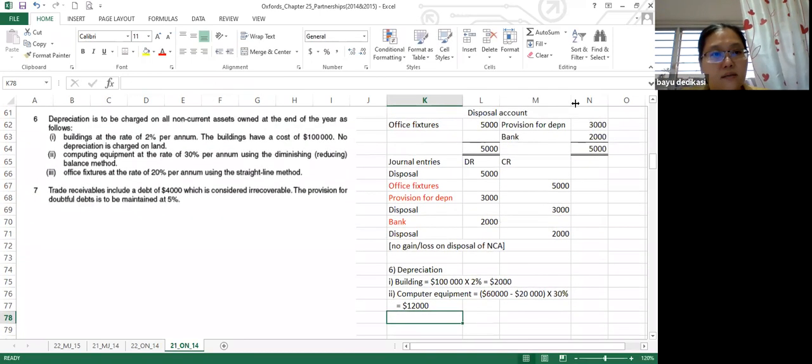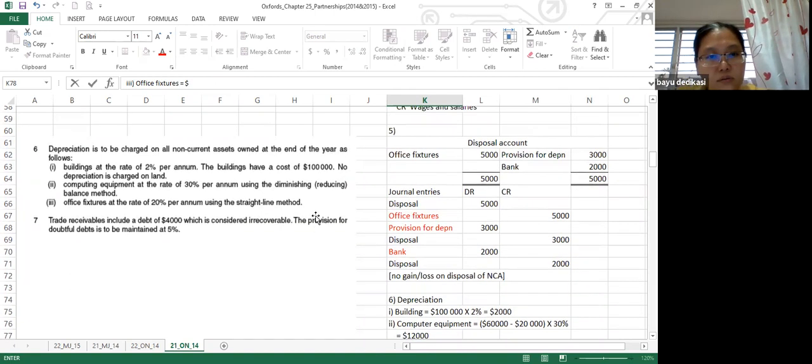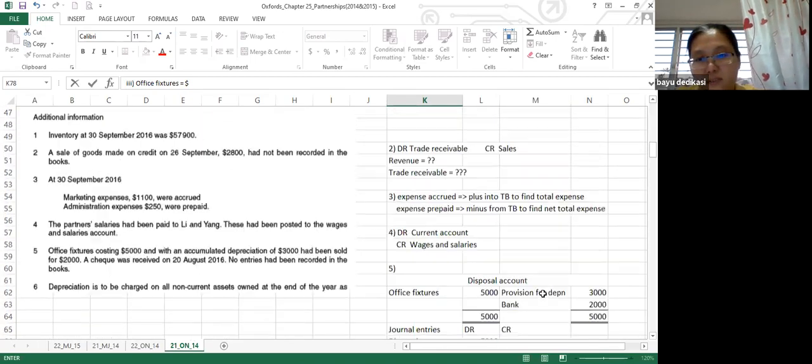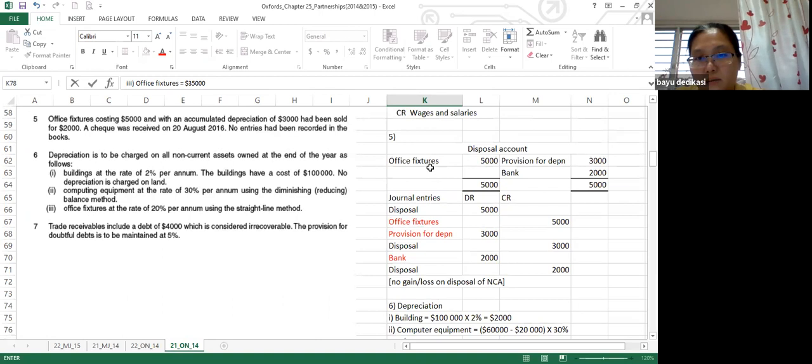Okay, next is office fixture. Office fixture is 20% straight line. So your office fixture 35,000. But in here, for office fixture, we have one disposal.